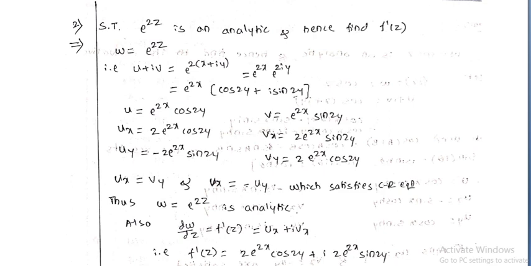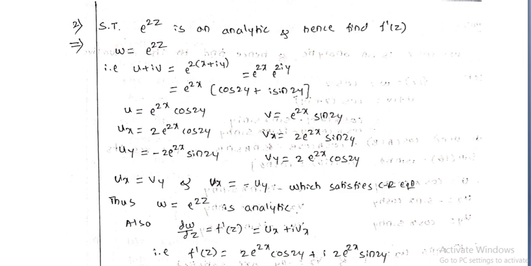We know that e to the power i theta is cos theta plus i sin theta. Then similarly e to the power 2iy is cos 2y plus i sin 2y. Then separate real and imaginary parts. The real part is u equal to e to the power 2x cos 2y, and the imaginary part is phi equal to e to the power 2x into sin 2y.